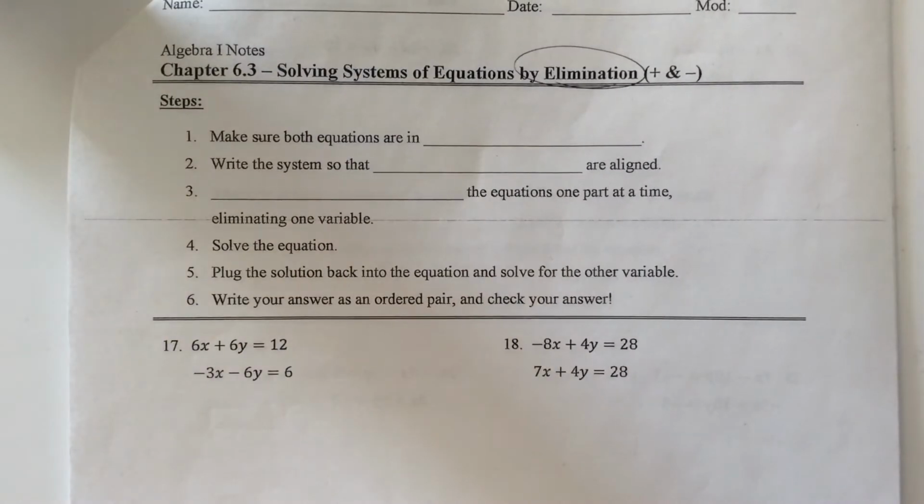All right, so out of the 3 methods for solving systems, elimination is my personal favorite. I love elimination. It is very easy in my brain, at least. I know not everybody is the same. Some people like graphing, some people like substitution. To be perfectly honest, I think all 3 of them are easy.